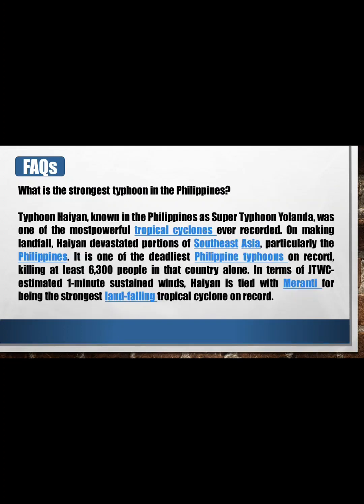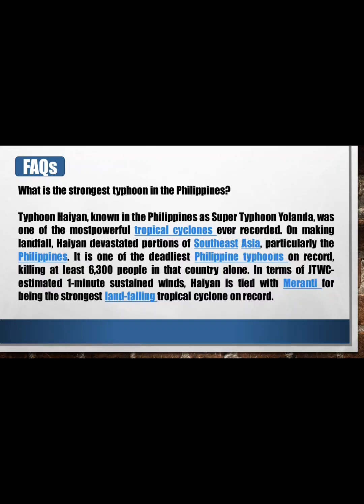Next one, what is the strongest typhoon in the Philippines? So, the strongest typhoon in the Philippines is Typhoon Haiyan, or yung tinatawag natin na Super Yolanda. So, it was one of the most powerful tropical cyclones ever recorded. On making landfall, Yolanda devastated portions of Southeast Asia, particularly the Philippines.